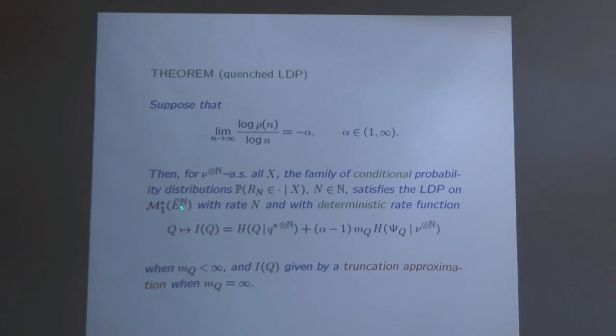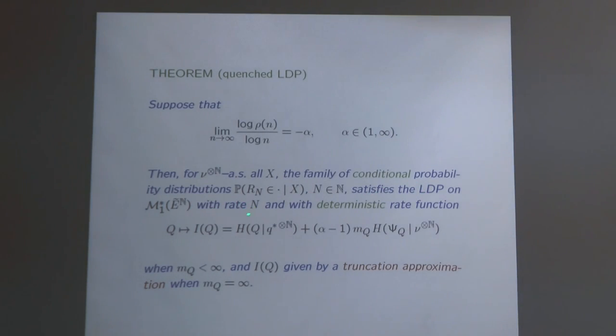Under that condition, this conditional family satisfies a large deviation principle with rate n and with a rate function. First of all, this rate function turns out to be deterministic. It doesn't depend on x. So there is some averaging going on. Okay. And the rate function is very interesting.